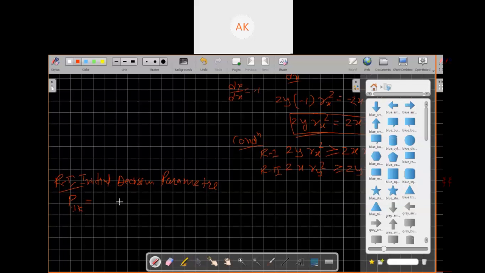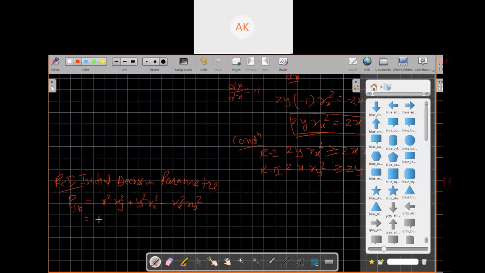What is the equation of the ellipse, as we have calculated: x square ry square plus y square rx square minus rx square ry square. So put the intermediate values of x and y.